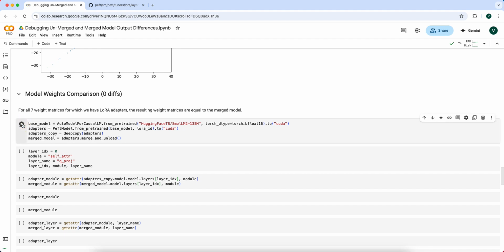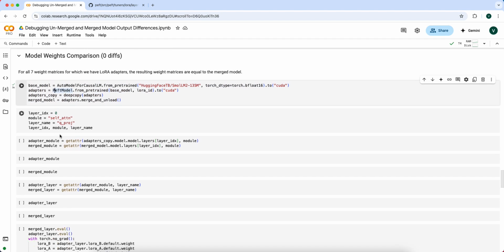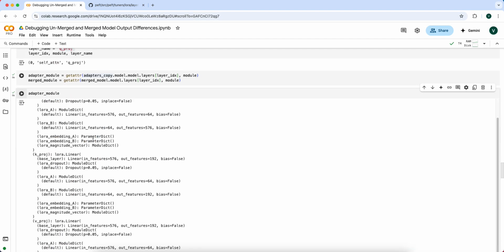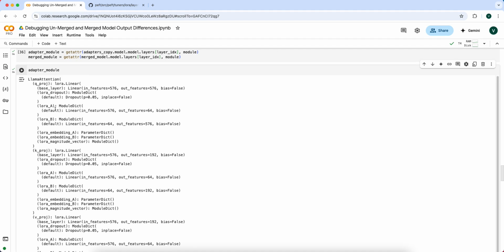So I'm going to do this a lot. I'm going to reload my base model, adapters copy, and merged model. I'm going to look at the first layer, self-attention, qproj. I'm going to grab the self-attention module. So if we look at adapter module, here we have all of our unmerged layers.